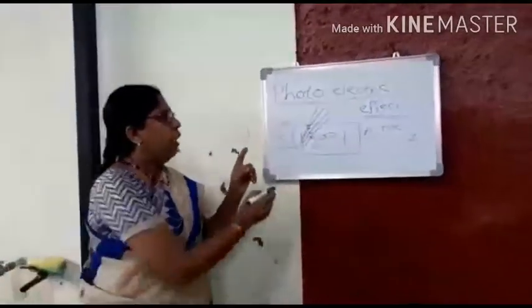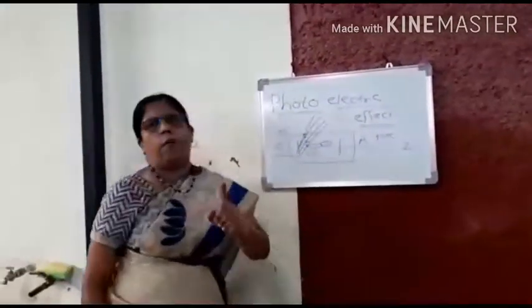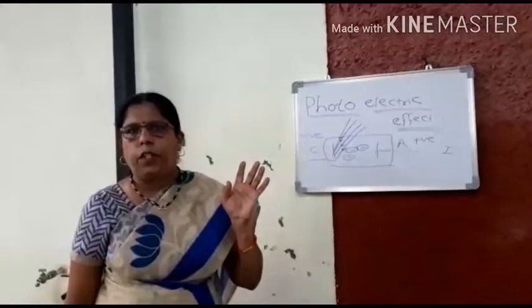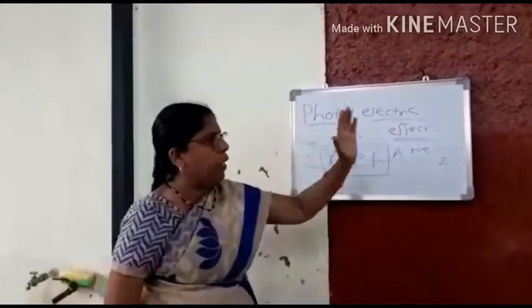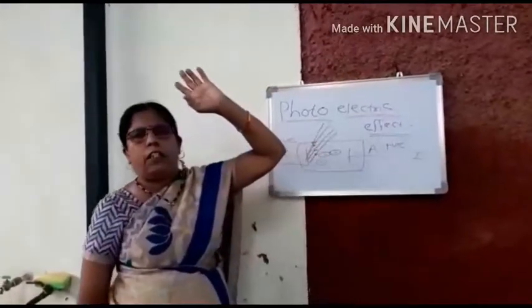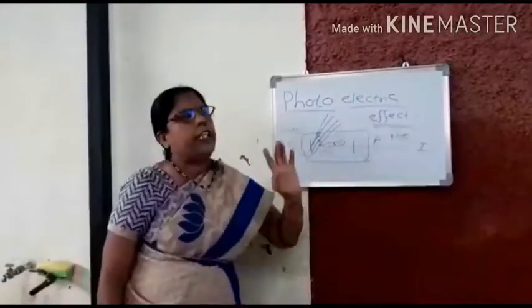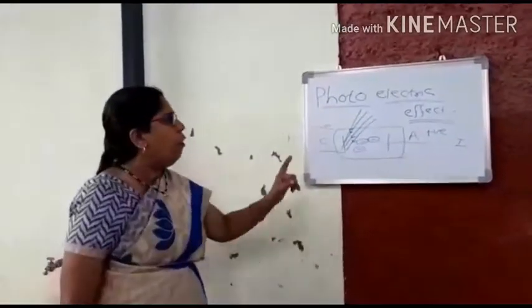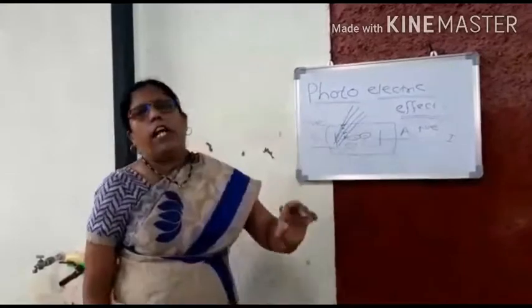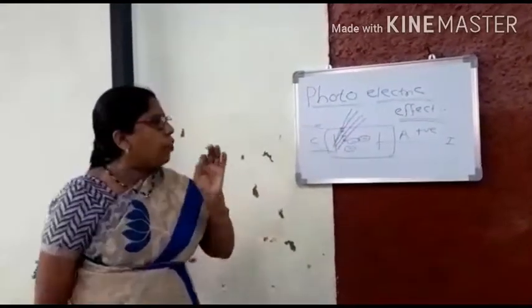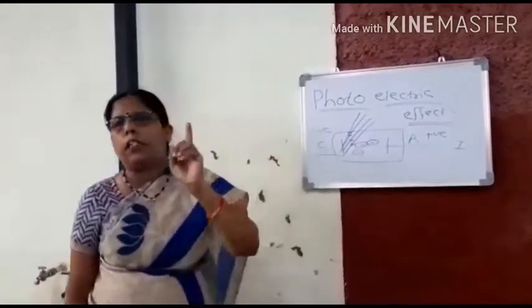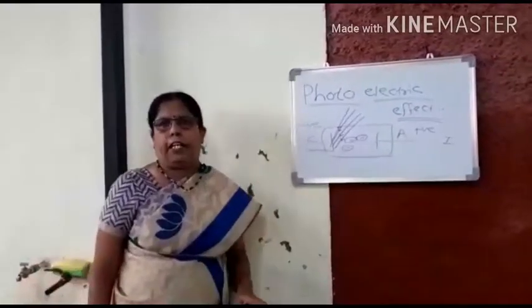First condition: the distance between cathode and anode must be fixed. If we put the cathode at one point and the anode a long distance away, the photoelectric effect is affected. Therefore, the distance between cathode and anode must be fixed. Second condition: the cathode must be connected to the negative potential of the battery.